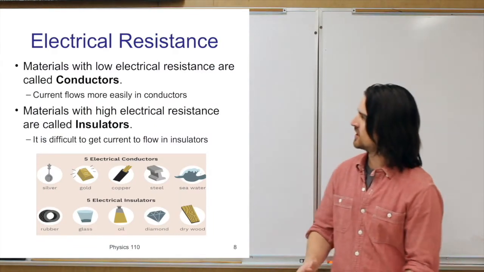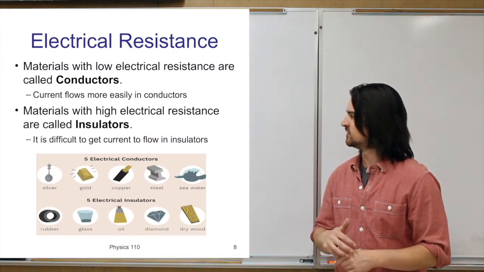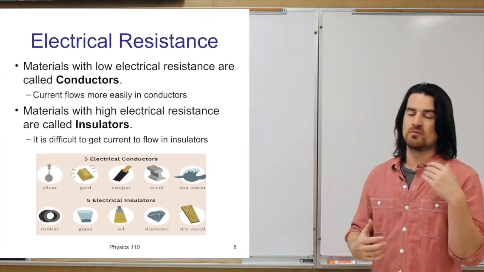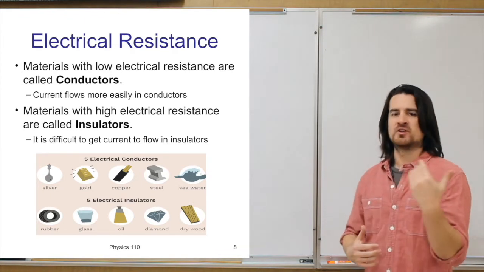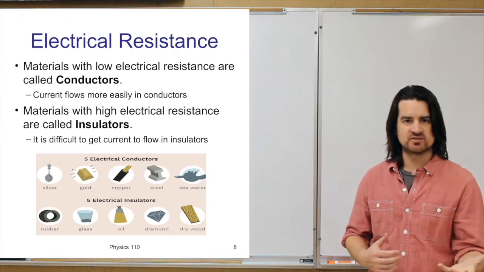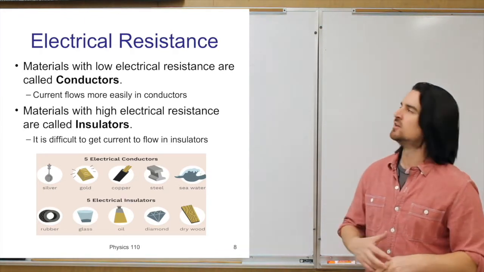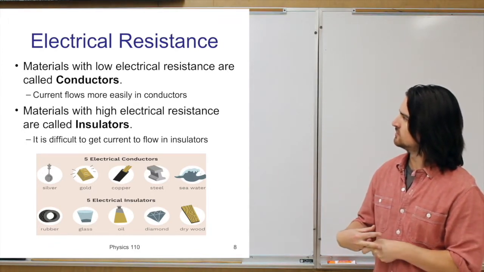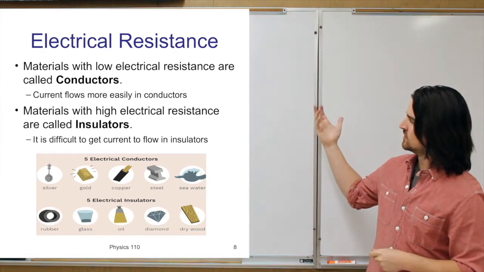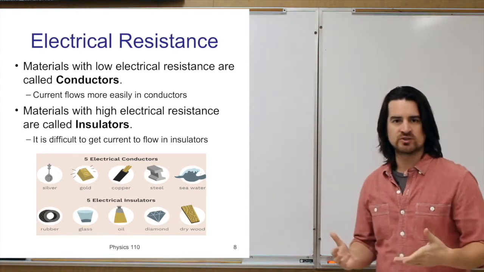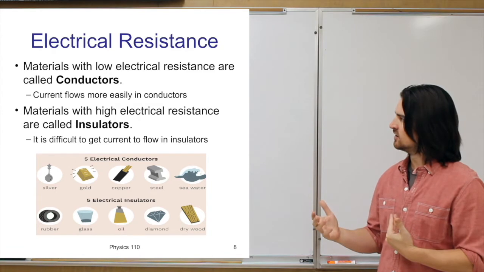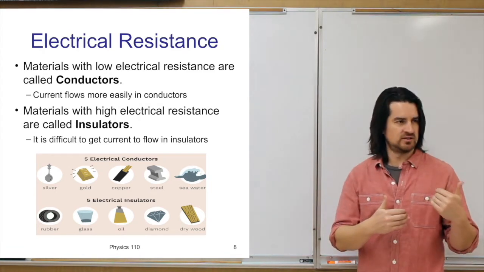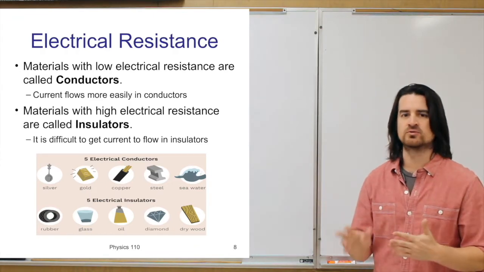Okay, so just some examples of different types of materials and whether or not they're good conductors or bad conductors. And remember again, a bad conductor is what we call an insulator, so it insulates. Any material that has a very low electrical resistance is what we call a conductor, something that easily allows electrical charge to flow.